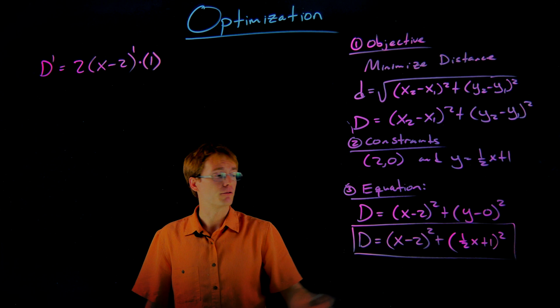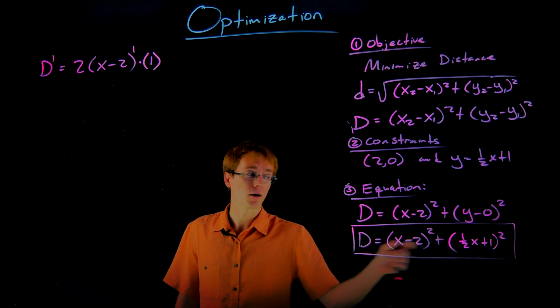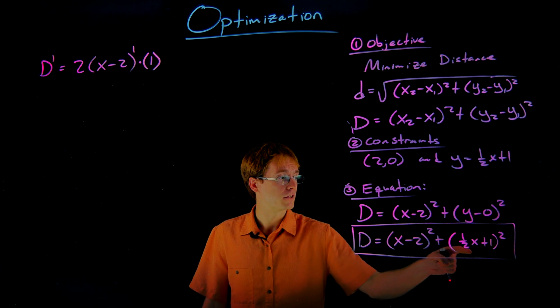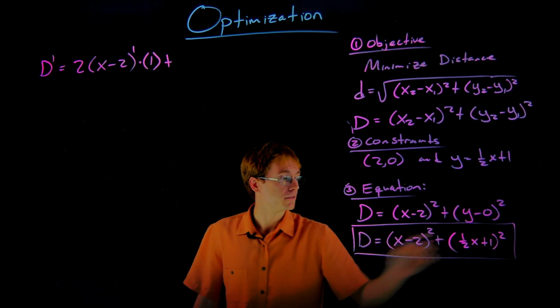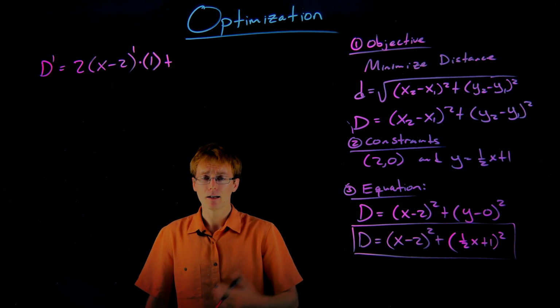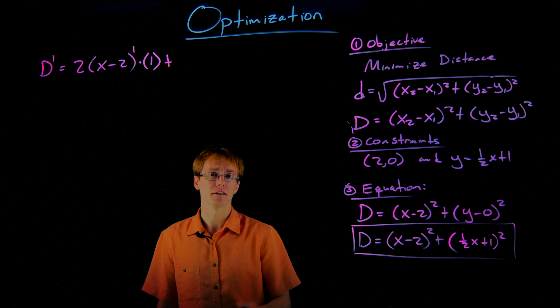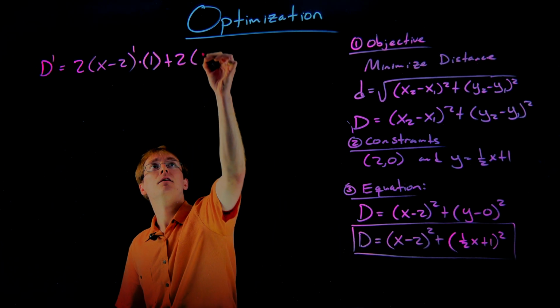So that takes care of differentiating that first piece of our distance formula, or really the square of our distance formula. We now have to differentiate the second piece. So we'll have to add to this the derivative of the quantity 1/2 x plus 1 all squared. Again, we can find that derivative using the generalized power rule. Bring the exponent out front.